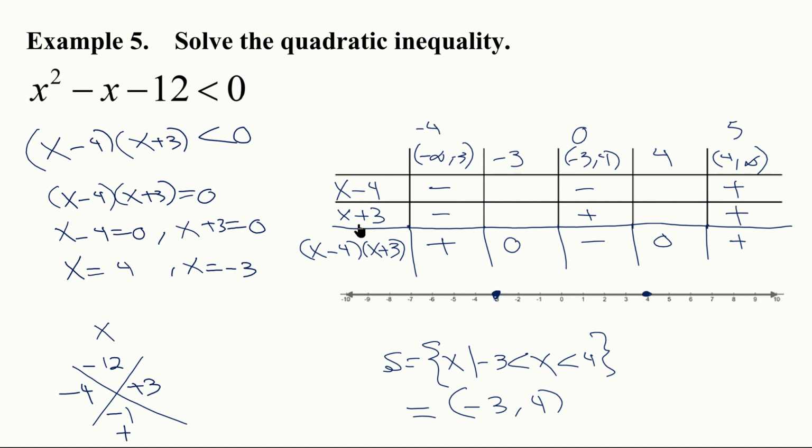Do a test point from each region to find out the sign of the product, because every other point is going to behave like the test point in those regions, right? So, and then do the same thing for each region, and then you find your solution. Now, in this case, you were looking for the places where the product is negative. There was only one region, and that was the region between negative 3 and 4, right?